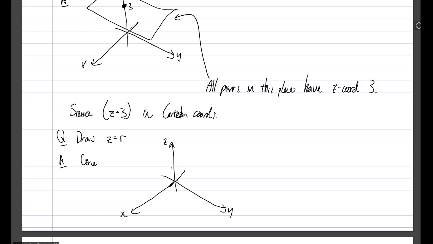Let's draw a circle of radius 2 for a second. All of these points have the value r is equal to 2, and those points should not be drawn here in the xy plane, but rather 2 units higher, because that's where z should equal whatever the r value is. So in doing so, you end up with a cone that looks like this.